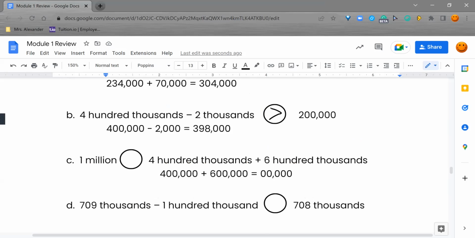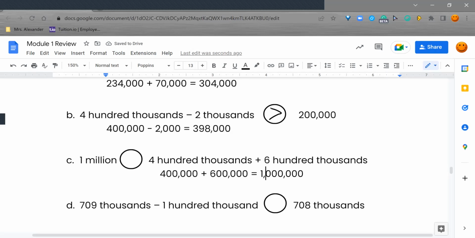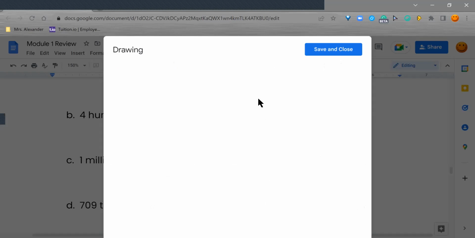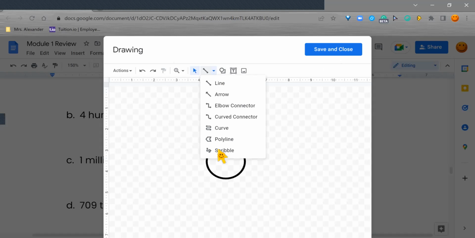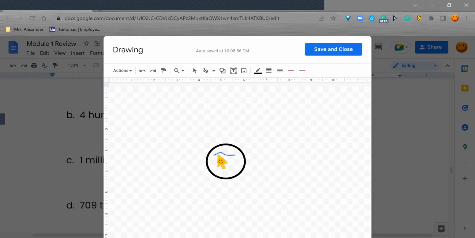If I add 6 and 4, I get 10, and remember, every 3 place values we put a comma, and it looks like 1 million equals 1 million. So I'm going to jump into here, grab my scribble, and put, oh, let me try that again, you guys.